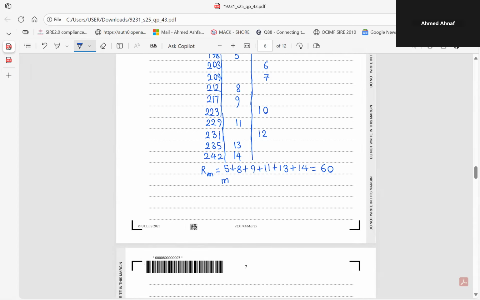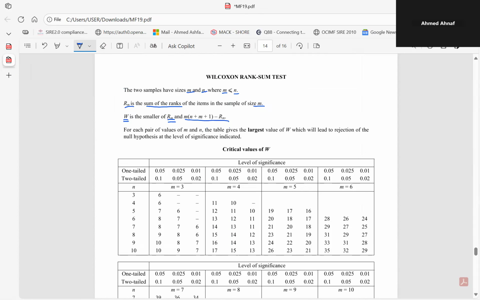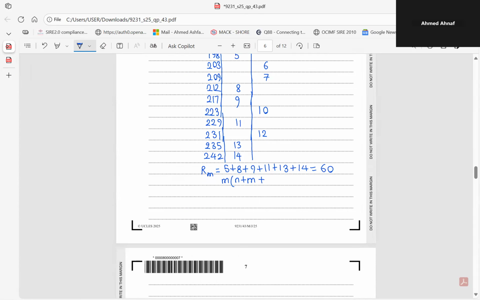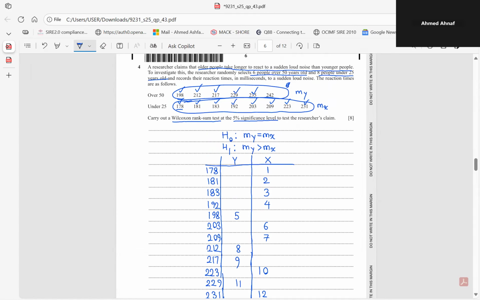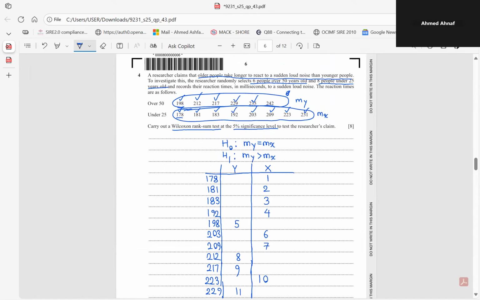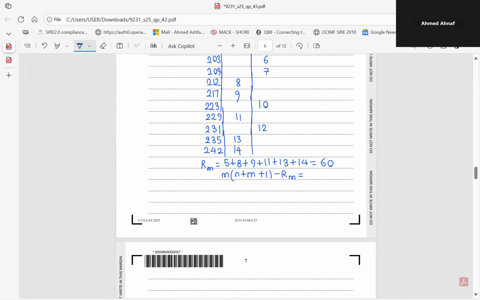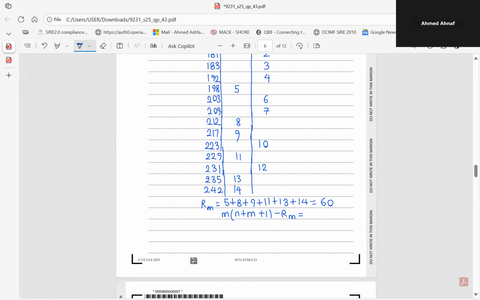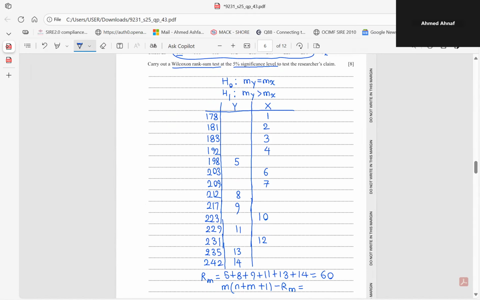And then we also need to find M times N plus M plus 1 minus Rm. M is the lower one, right?